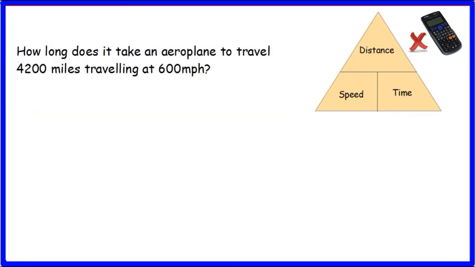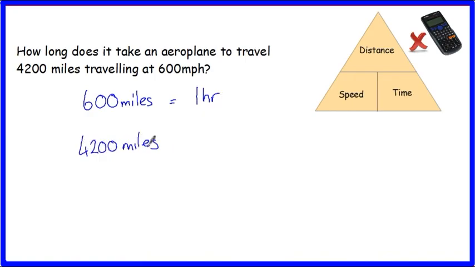My last example. How long does it take an aeroplane to travel 4,200 miles traveling at 600 miles per hour? So 600 miles is 1 hour. I need to get to 4,200 miles.